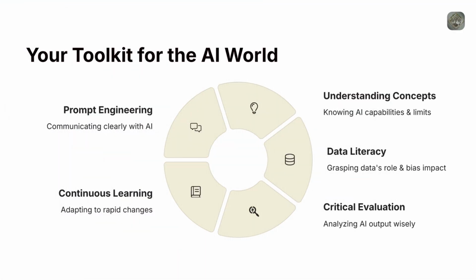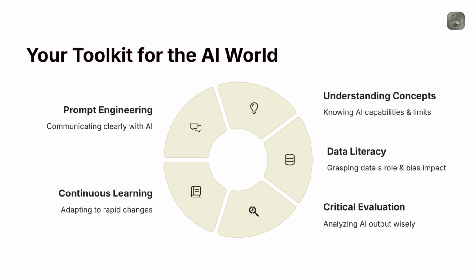Consider these 5 skills your fundamental toolkit for the AI world. The exciting part? You don't need deep technical programming knowledge to become proficient in using many powerful AI tools. Mastering these 5 skills is what truly empowers effective interaction. We'll cover 1. Prompt engineering, how to ask AI questions effectively. 2.